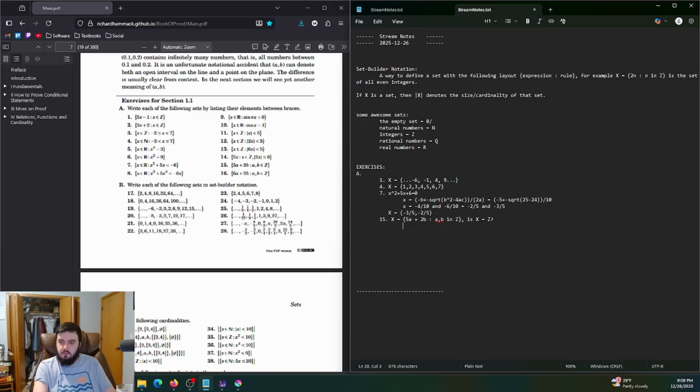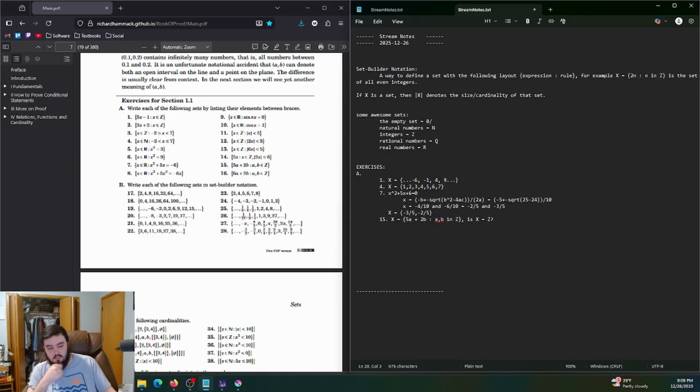Okay, so first, we know that everything in x is in Z because 5a plus 2b is definitely an integer, because you're just adding and multiplying integers.